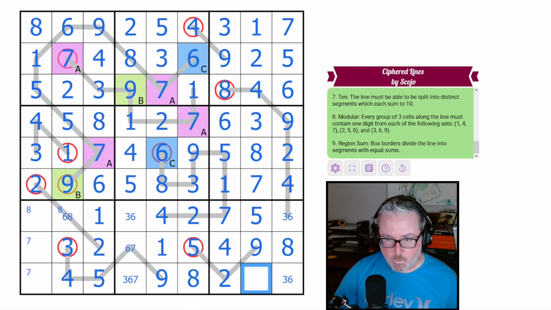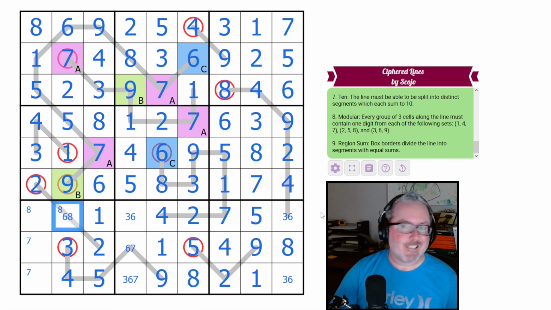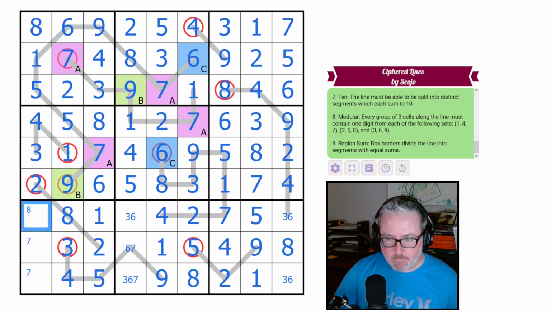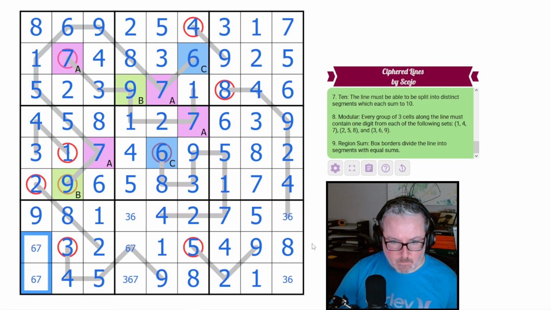It's a leftover 1. Good. This is a 3, 6 pair, so this is an 8. Therefore, this has to be what? 9. These two digits are 6 and 7. Six, 7 pair, 3, 6, 7.